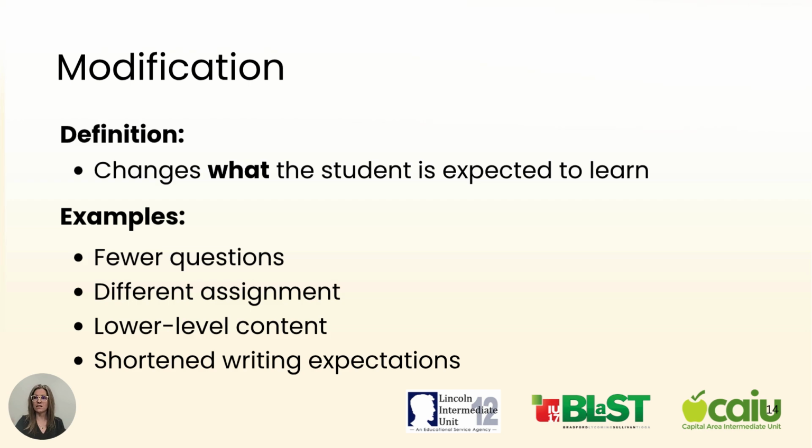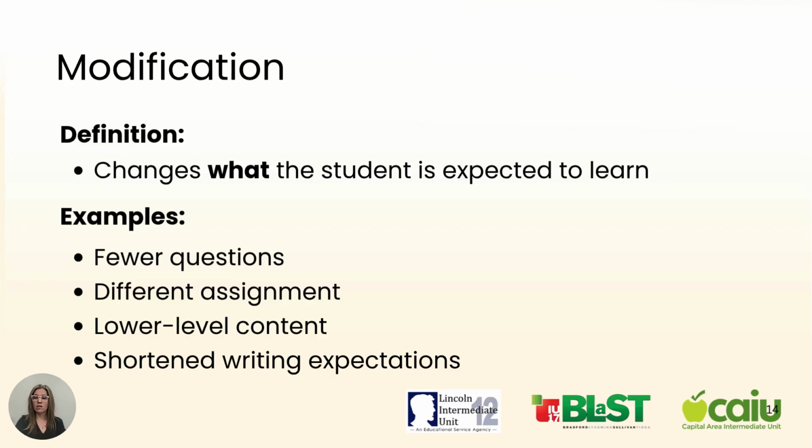Modifications are different because they change what a student is expected to learn or complete. In other words, the instructional expectation itself changes in some way. This might include reducing the number of questions, giving a different assignment, providing lower level reading material, shortening a writing assignment, or assigning work focused on a different skill level.